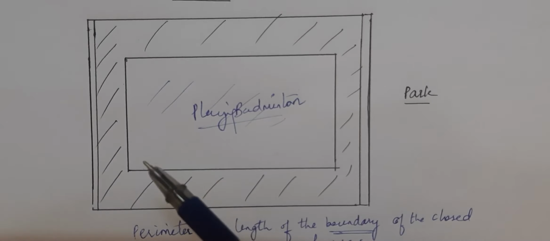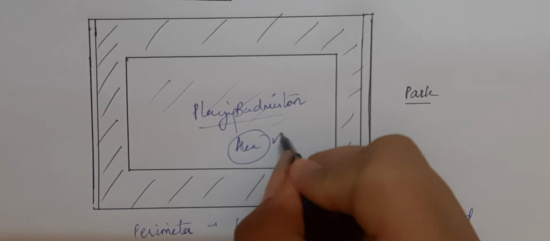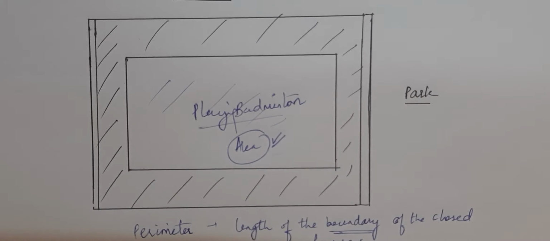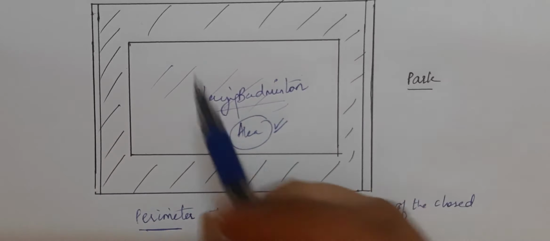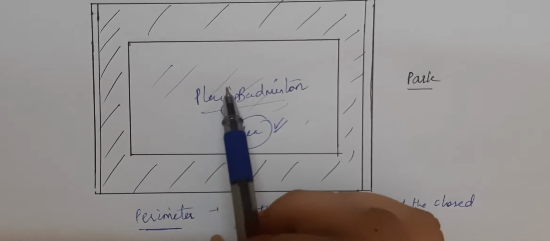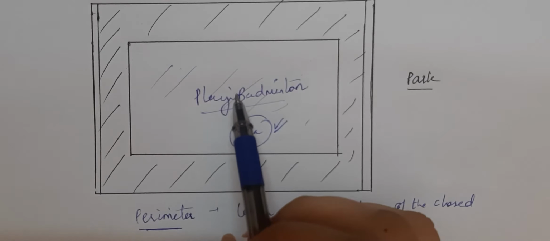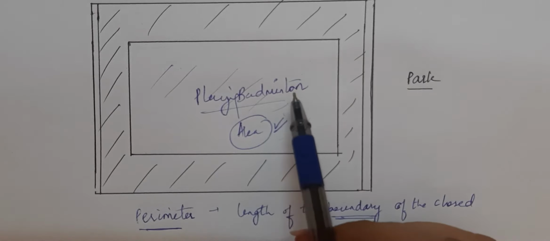I am covering the area of the park. So what does area mean here? Actually, if I am playing any game, I will play in this portion only. So if I have to calculate how much I have done, I am actually calculating the area.